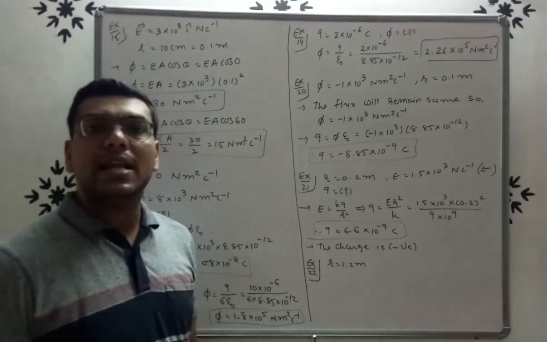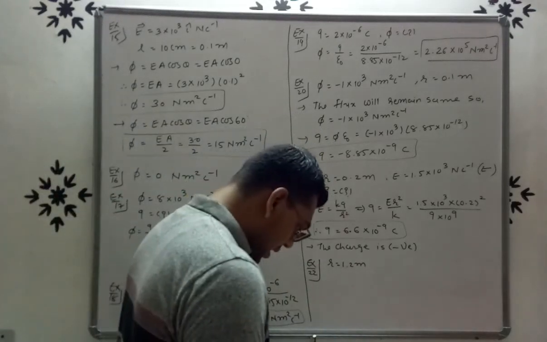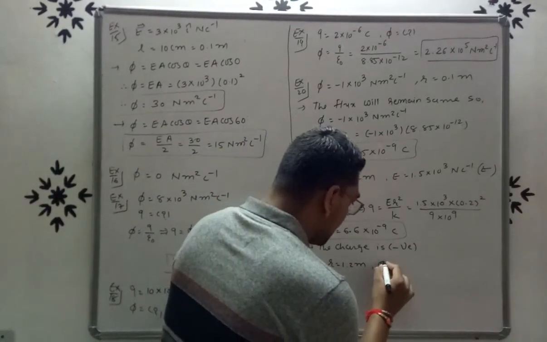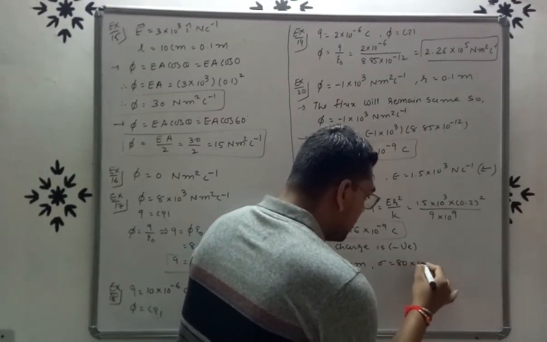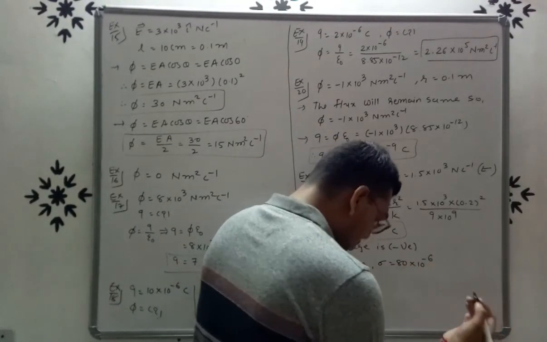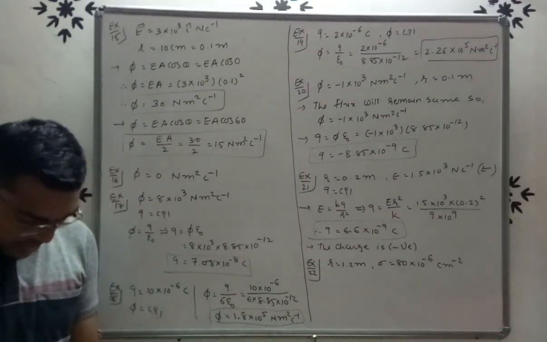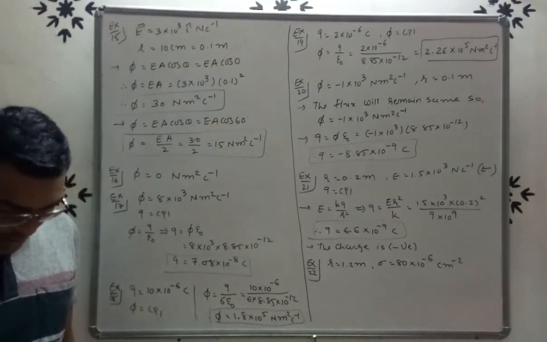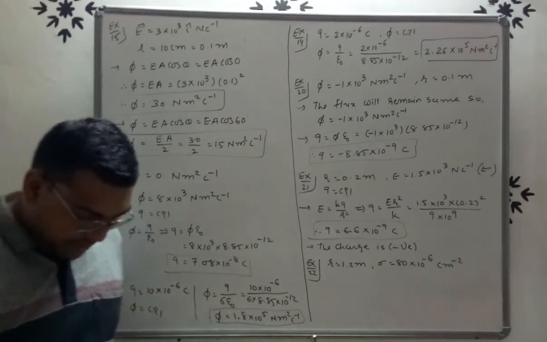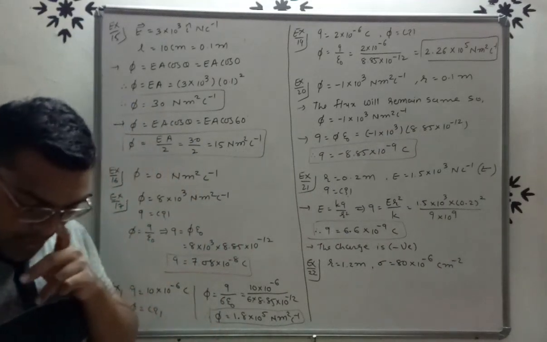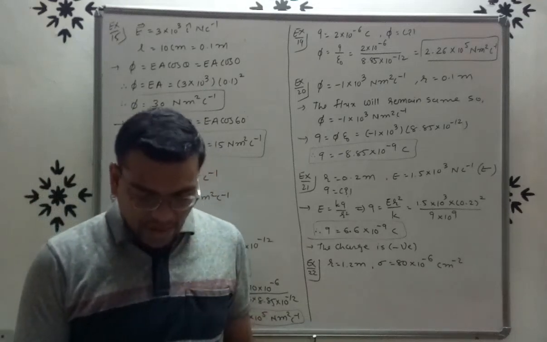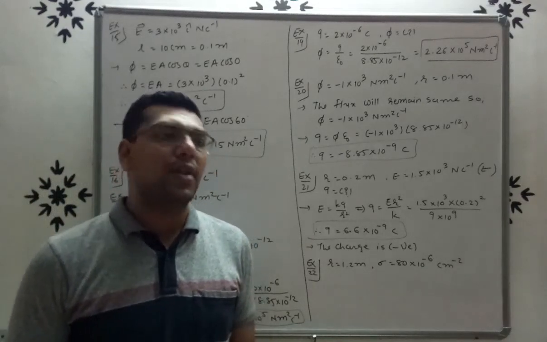So the surface charge density sigma is 80 microcoulomb, so sigma is equal to 80 into 10 raised to minus 6 coulomb per meter square. Find out the charge on the sphere and what is the flux leaving the surface of the sphere. So here we have to find out the value of charge and flux.